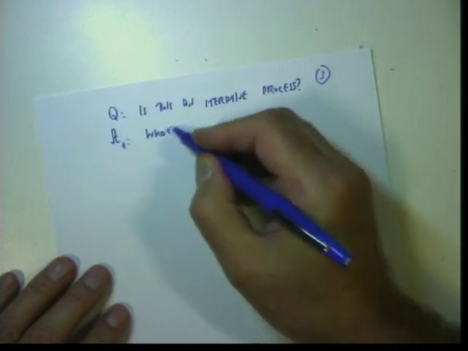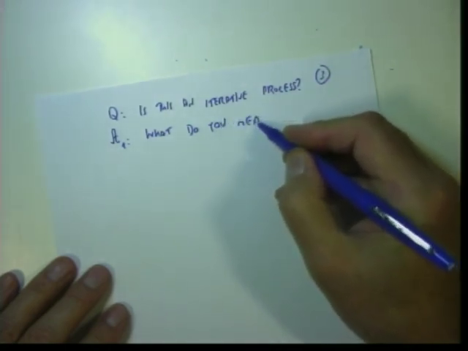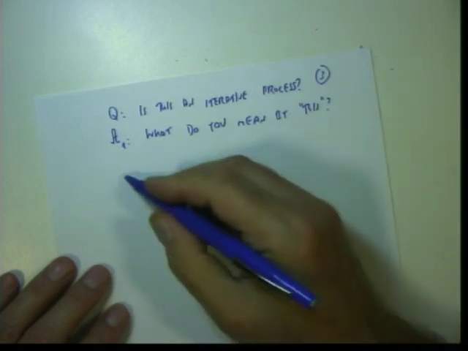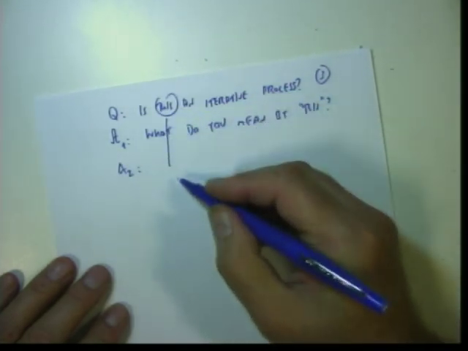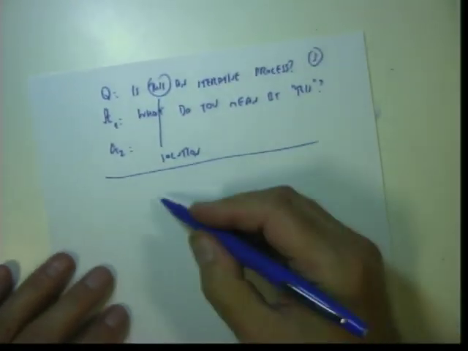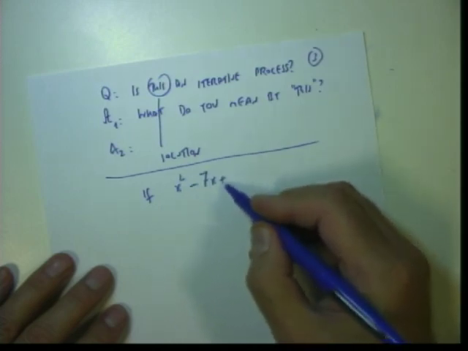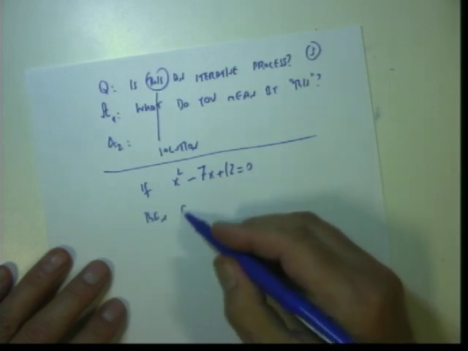What do you mean by this solution? Is the solution to the problem always iterative? So to answer this question, if I have an equation x squared minus 7x plus 12 equals 0, then the solution is not an iterative process.